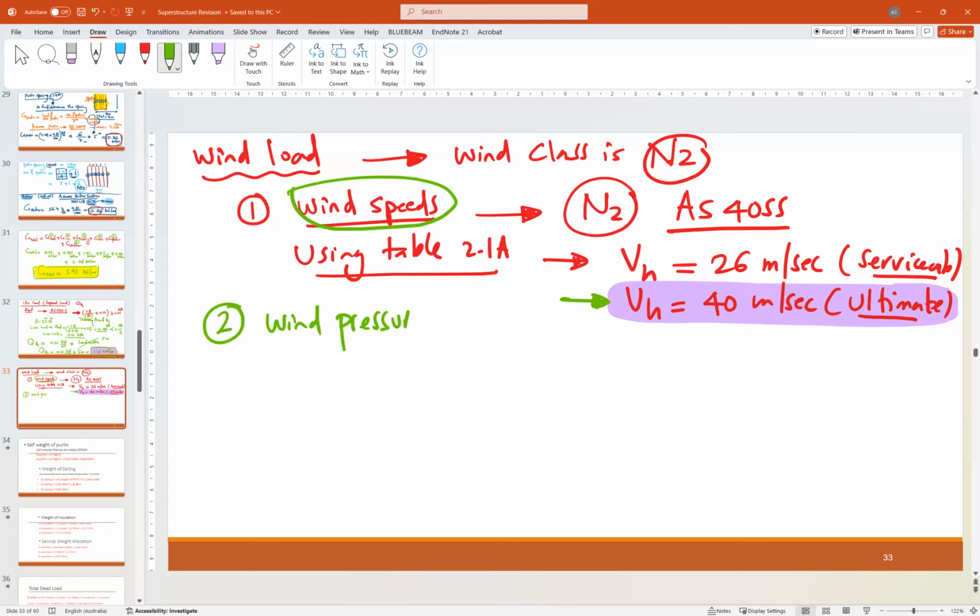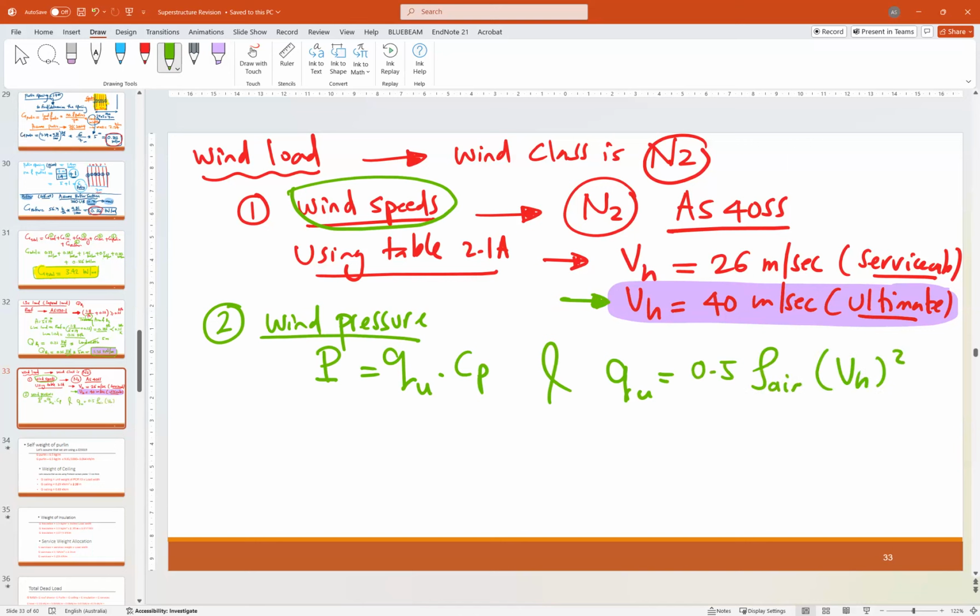For the wind pressure, if you remember, QU times CB equal to the pressure P, and QU equal to 0.5 rho air VH squared divided by 1000.